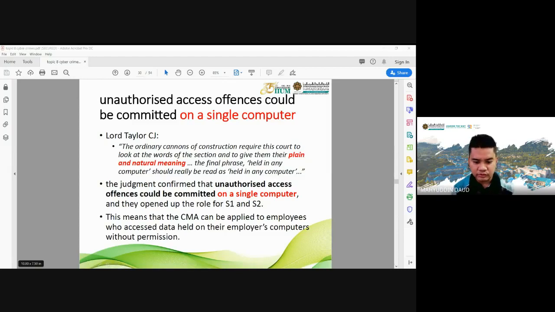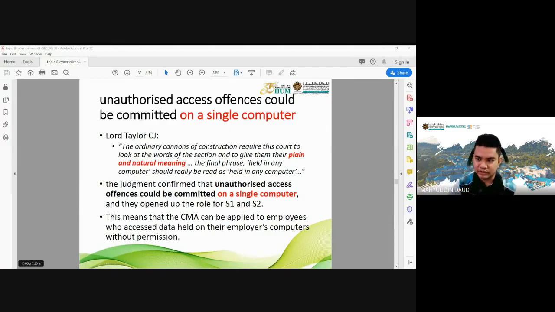But because maybe you are a little bit computer savvy, perhaps, you do some weird stuff on your computer, and because of your acts, you do some coding or whatnot. From your computer, you change something on the Malaysia Airlines database. So that is basically using one computer to commit an offense to another computer again.